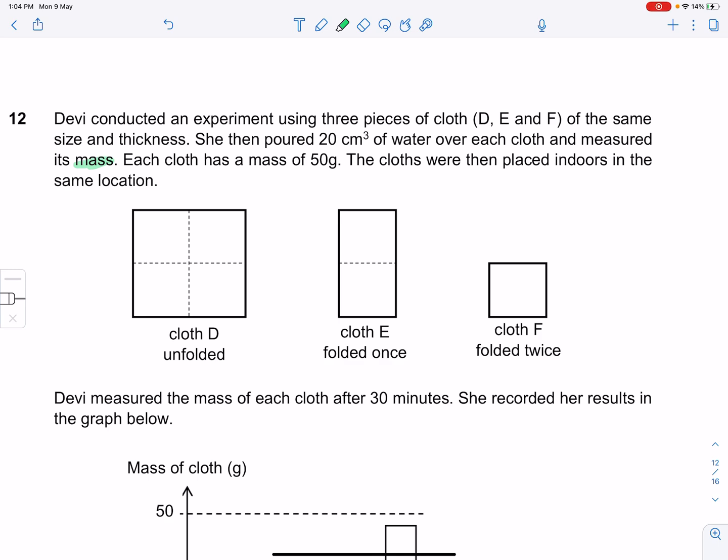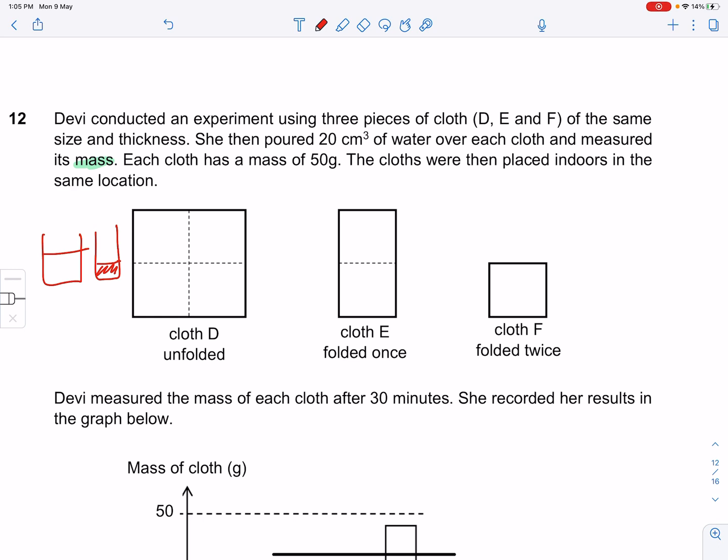A proxy means it stands for something because you couldn't measure something directly. For example, let's just say you have a glass of water.